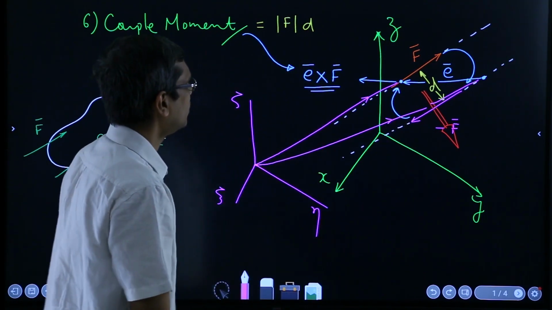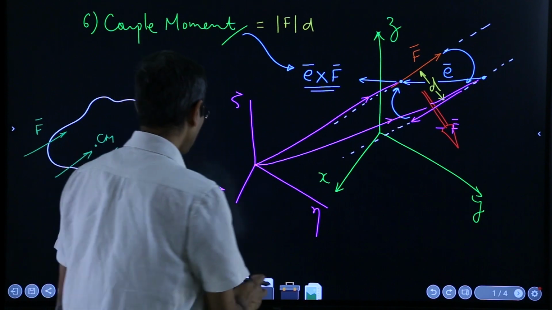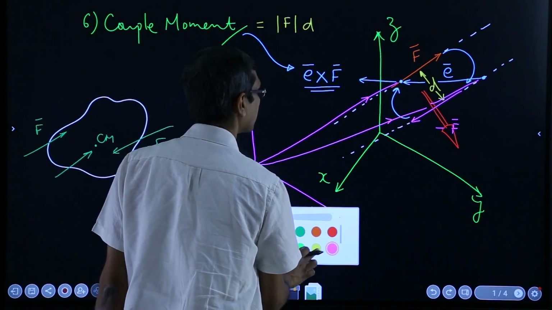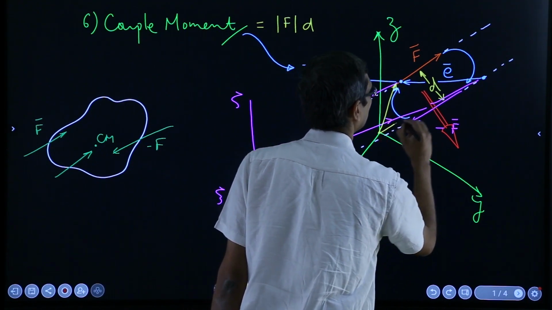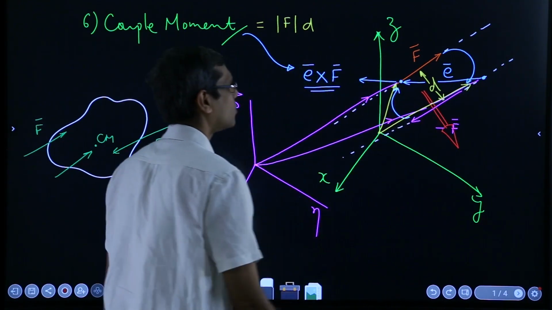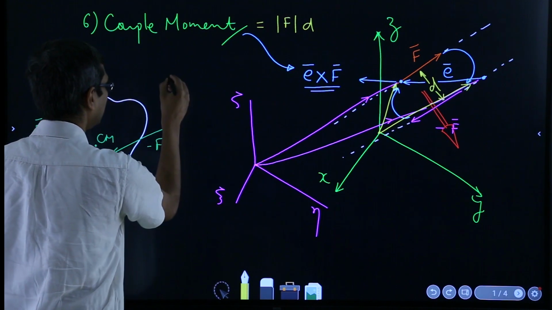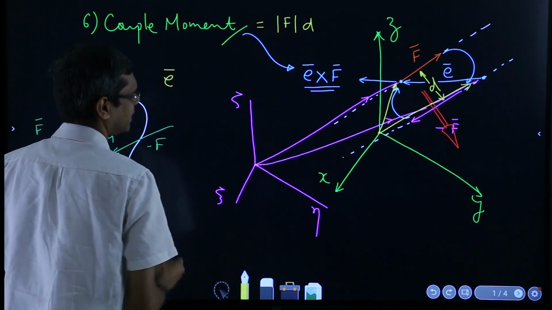Okay. Now, your E, whether you look from this coordinate or from this coordinate, the vector E is always the same.